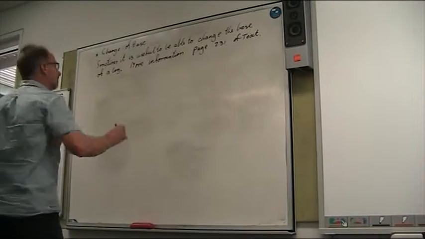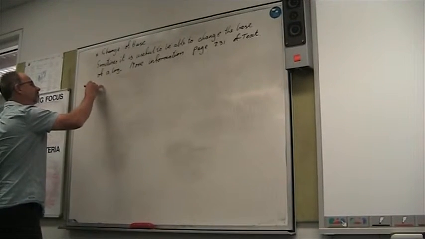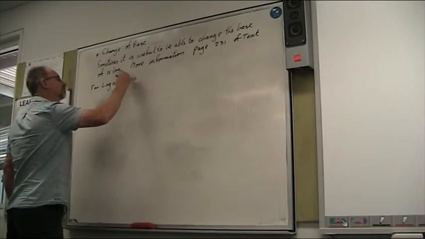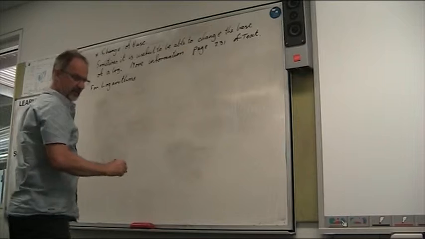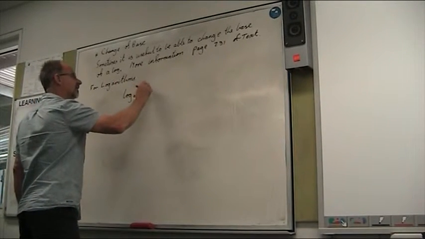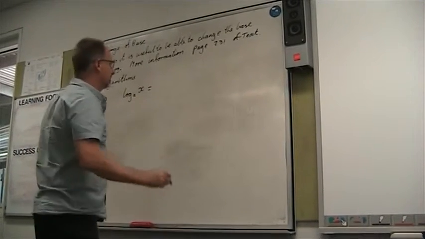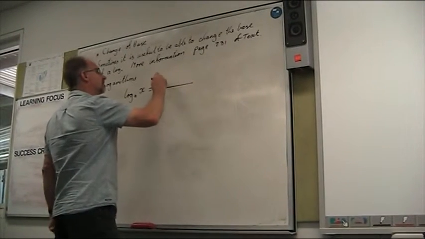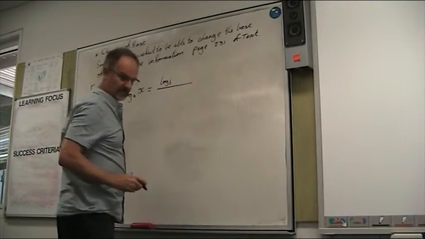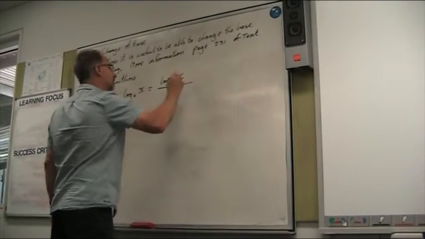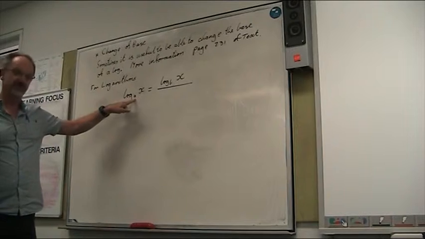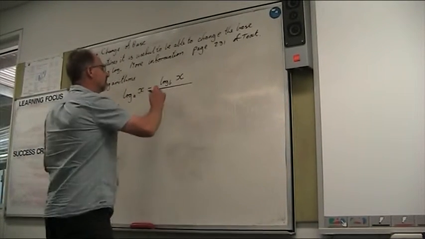So, for logs, if you have log to the base a of x, you can change the base to something more useful, call it b. To do that, it's log to the base b of x divided by log to the base b of whatever your old base was.